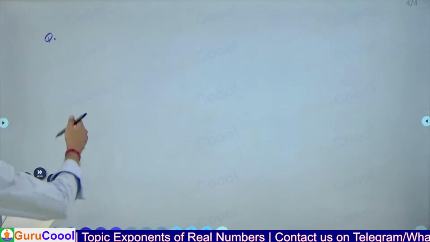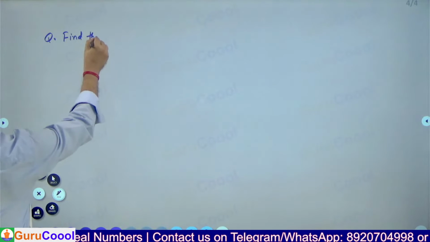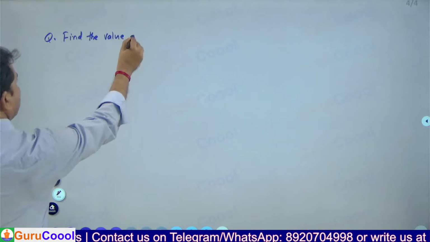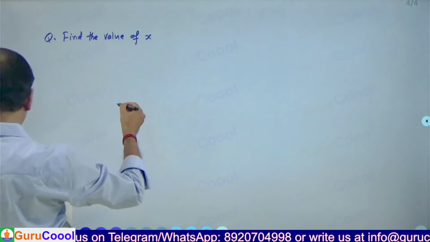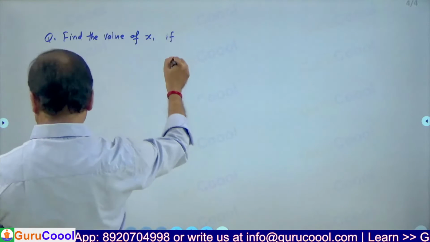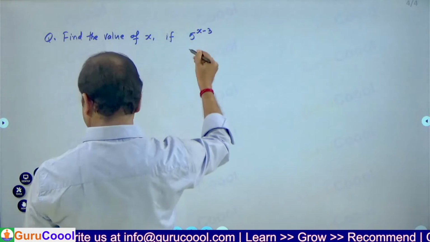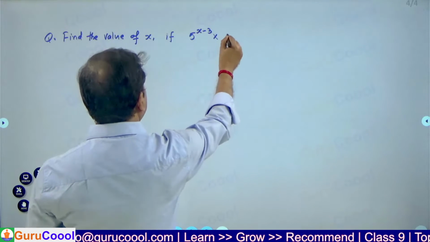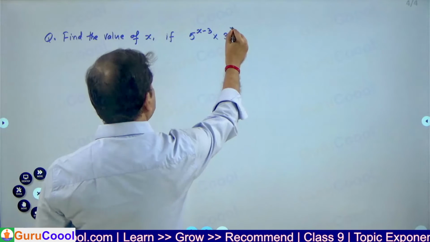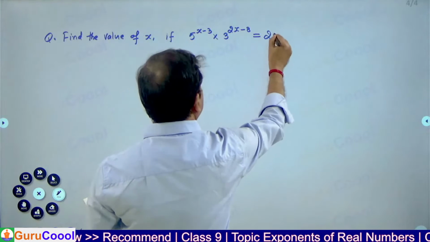Now the next question is: find the value of x if 5 raised to the power x minus 3 times 3 raised to the power 2x minus 8 is equal to 225.